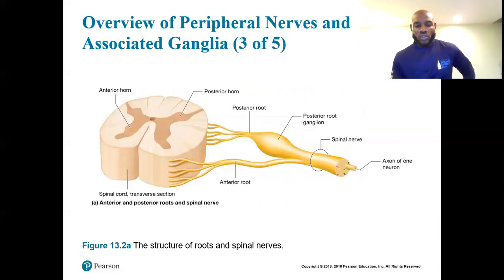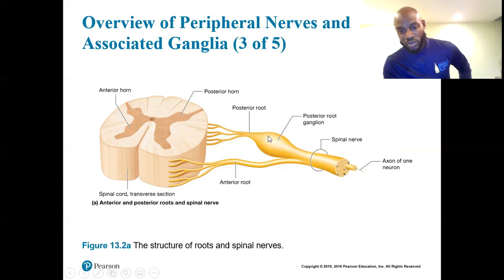And that's what it looks like. This is just a cross section of your spinal cord. See that gray matter? That's your anterior horn towards the front, your posterior horn towards the back. You have the anterior root and posterior root of the spinal nerve.